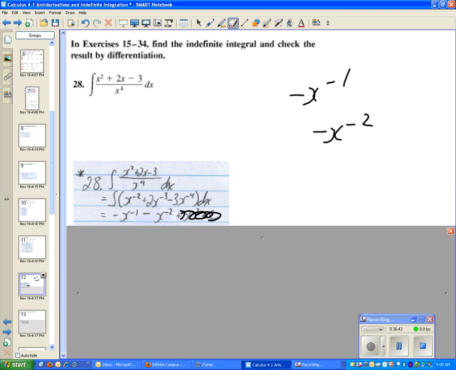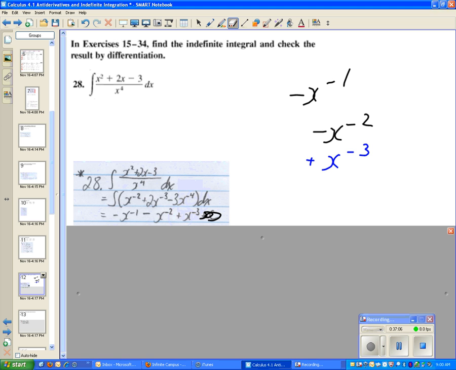That gets us there. And what's the antiderivative of negative 3x to the negative 4? Add 1 to the exponent, divide your coefficient by that new exponent. Negative 3 divided by negative 3, positive 1.